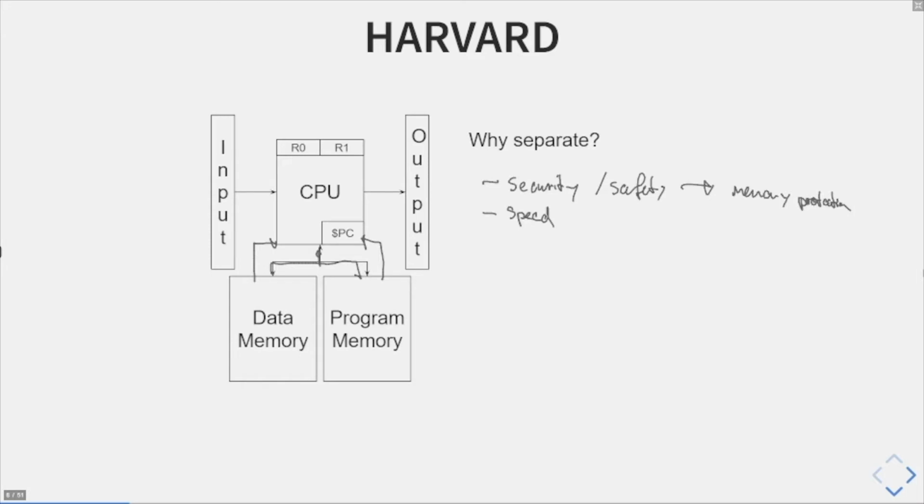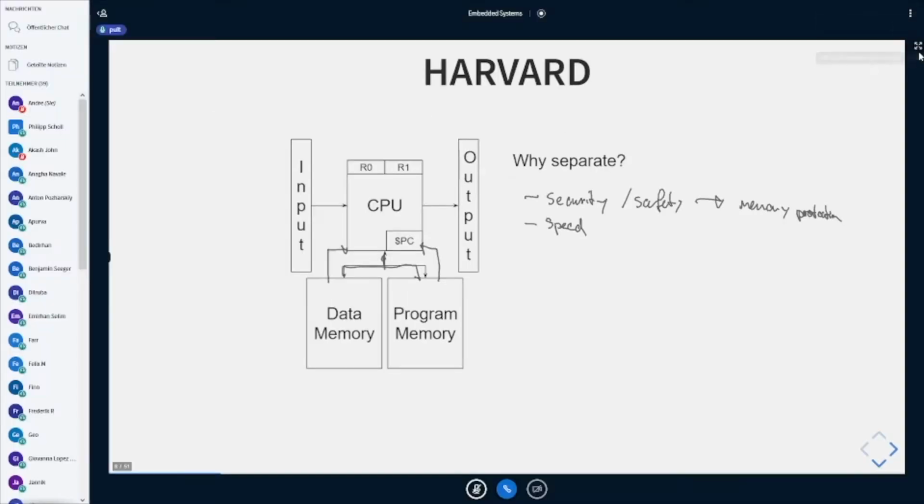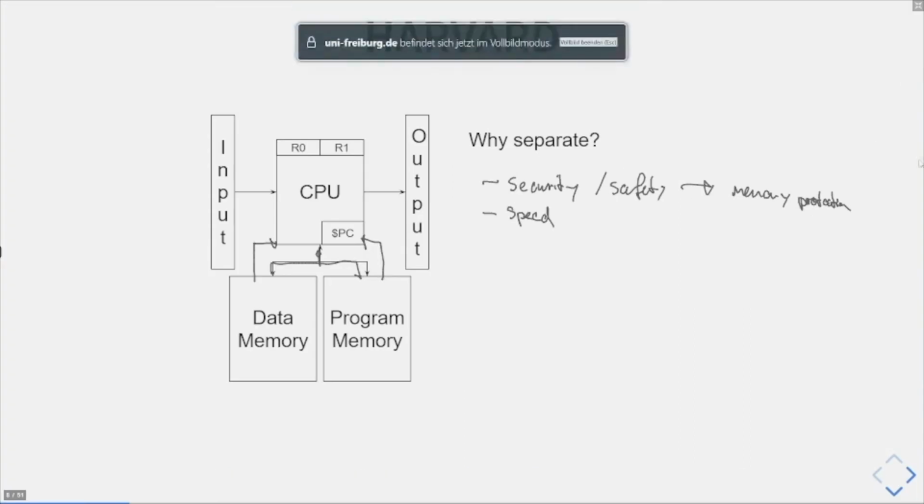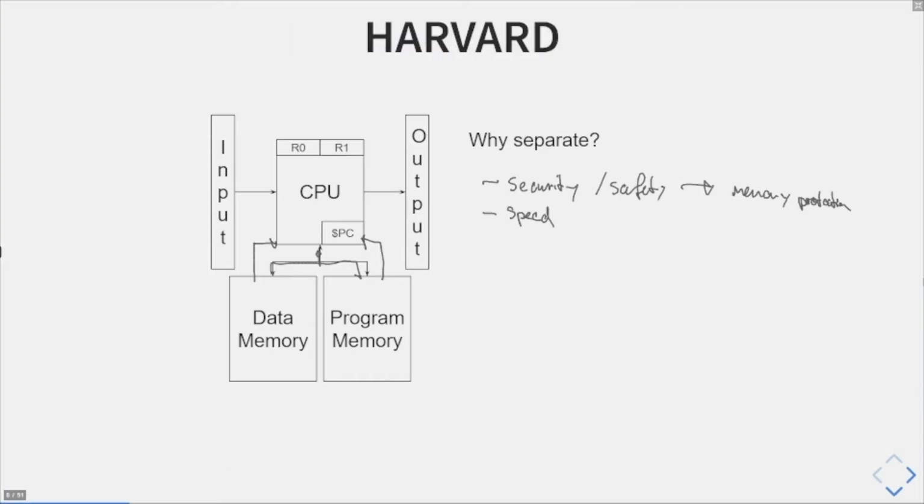So you don't have this congestion on the memory bus, which is sometimes also referred to as the von Neumann bottleneck. It's exactly this bus problem, that you need to do a lot more memory accesses than your bus can handle at one point. So speed is definitely one thing gained by dividing the bus memory.